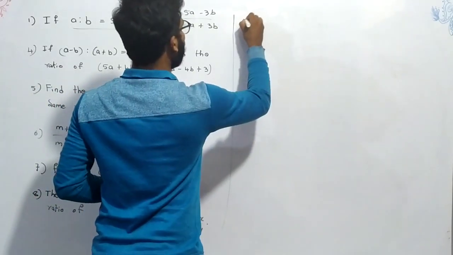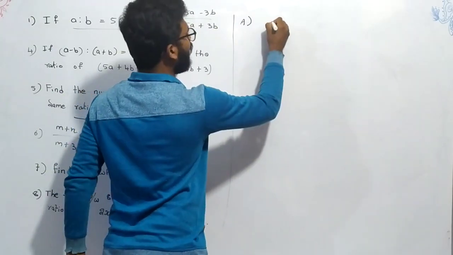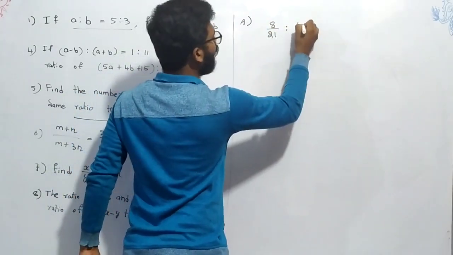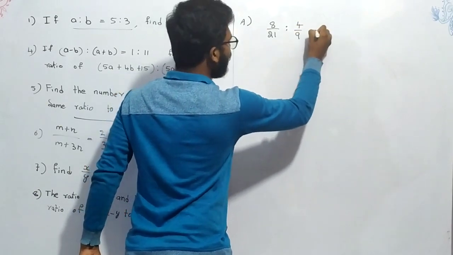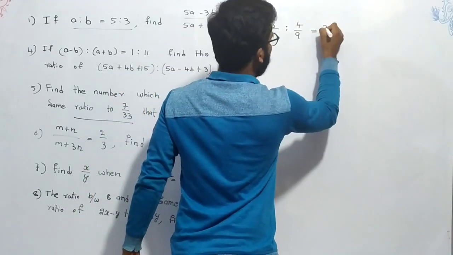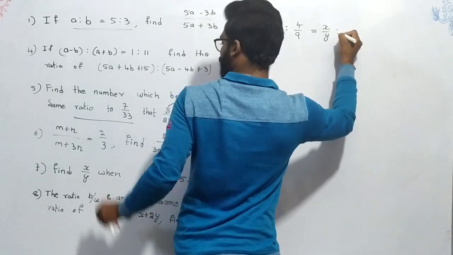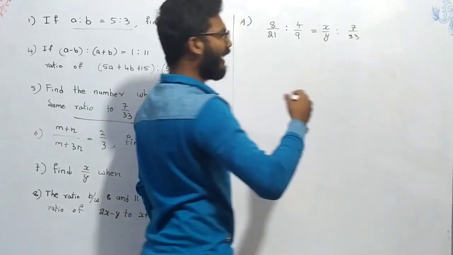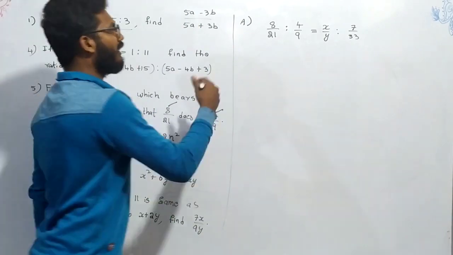Nothing but we have to find a ratio such that 8 by 21 to 4 by 9 is equal to the ratio to this one, 7 by 13. So we have taken the ratio as x by y. So let us find.